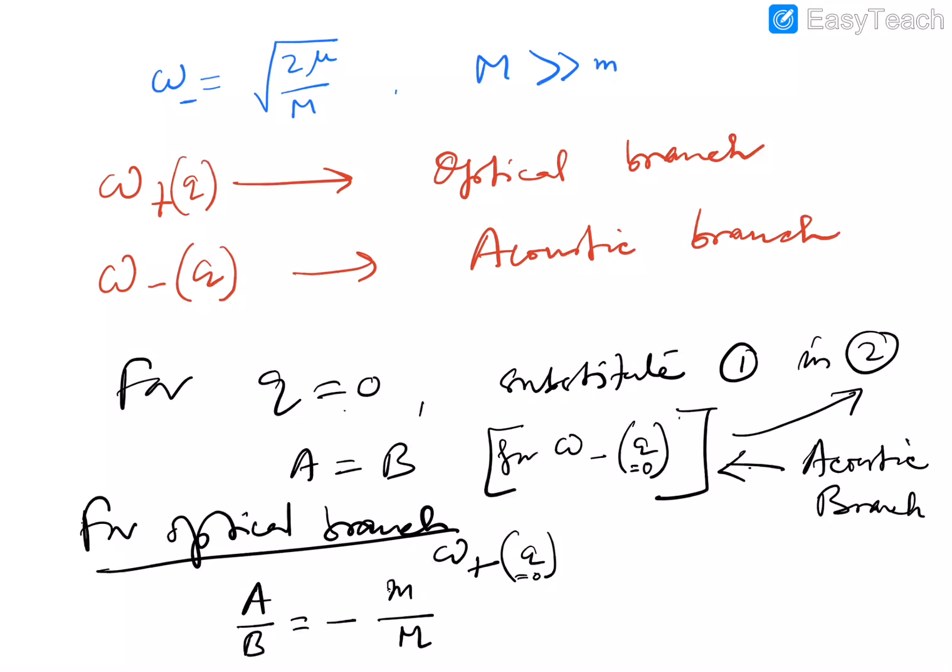Okay, so that means in the optical branch, both these two masses vibrate opposite to each other. a and b are the coefficients of these vibrations, so they vibrate opposite to each other.